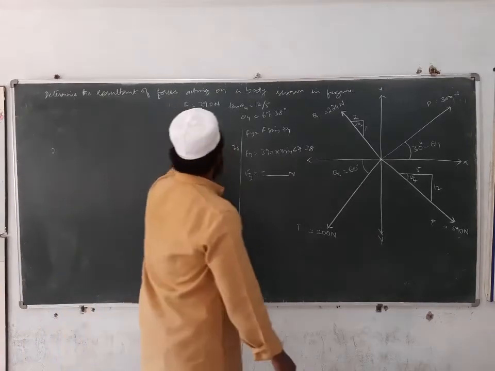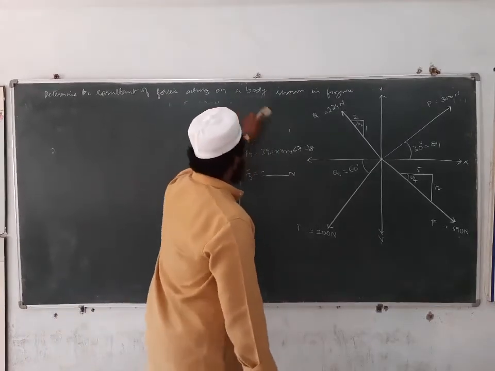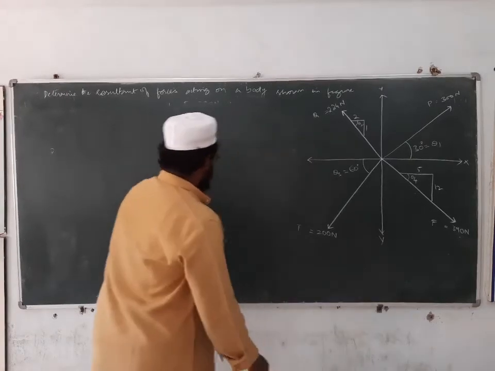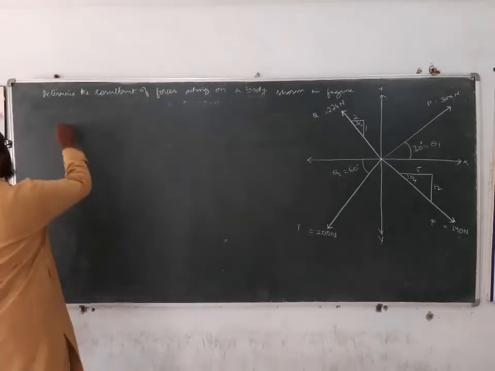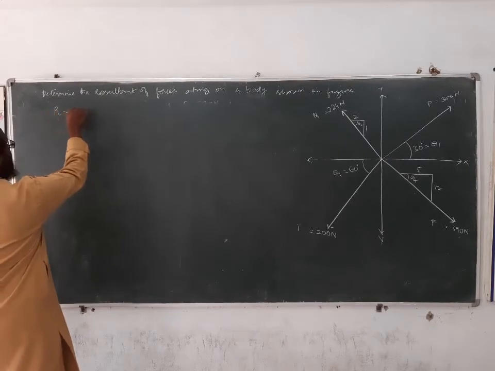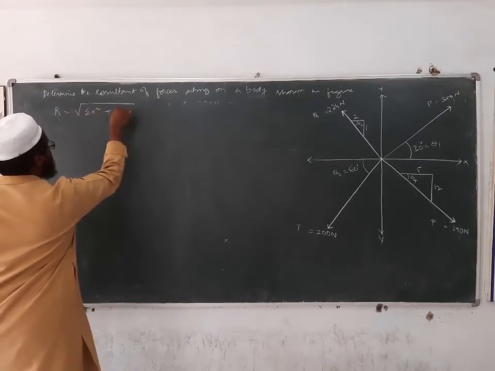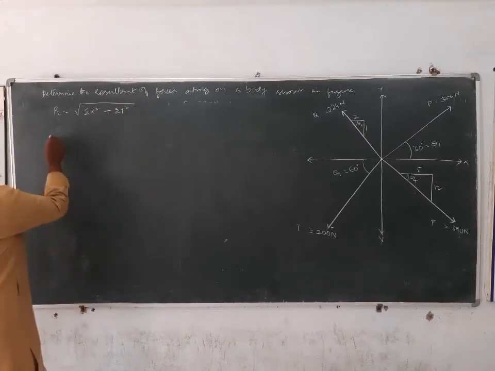Now how will you calculate the resultant? We can calculate the resultant with the help of this formula: resultant R is equal to under root sigma x square plus sigma y square. So what is sigma x?